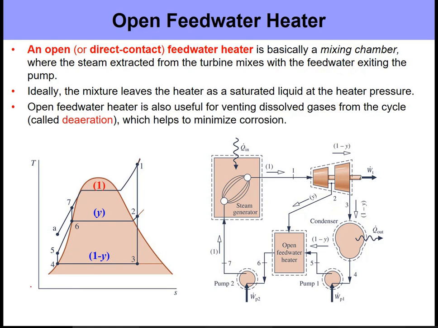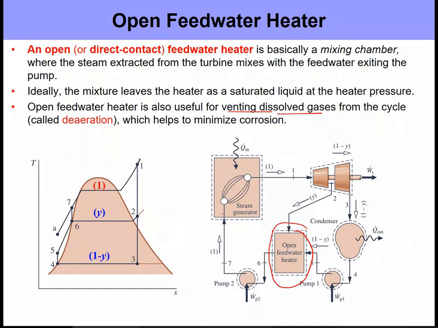Okay, before we go ahead and talk about the mass balances and the energy balances for these, I just want to mention one other advantage of using an open feed water heater. It certainly increases the efficiency, no doubt about it, but it's also useful for venting out or ejecting the dissolved gases that may exist within the cycle.